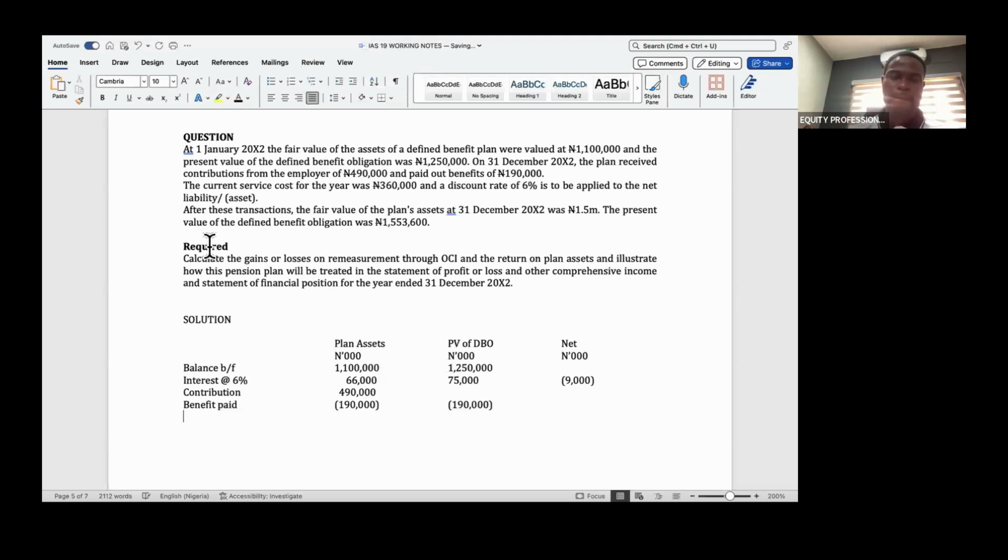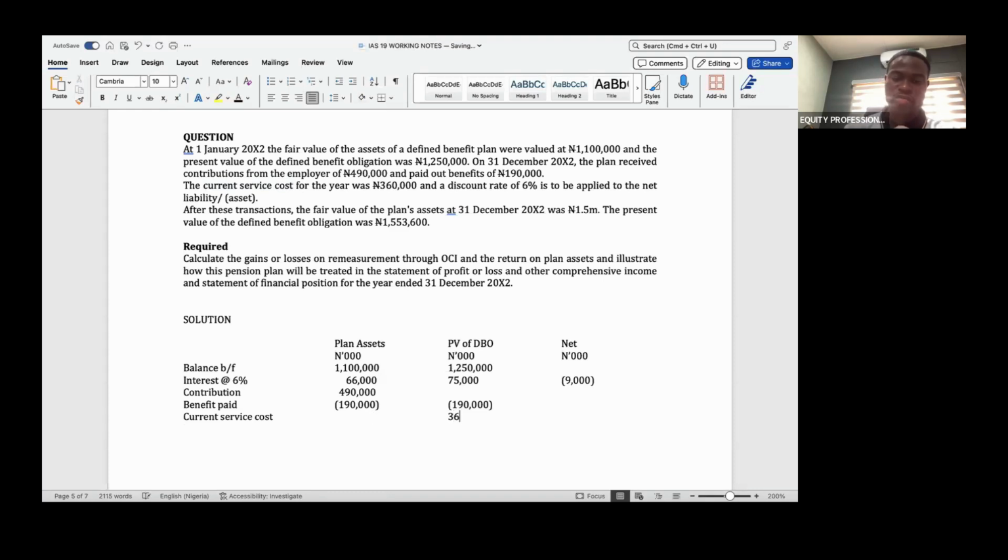Then the next one is the current service cost. The current service cost is the obligation we have for the employee for working for us this year. It's like the annual pension expense, as far as we are concerned, that actually makes up the obligation.